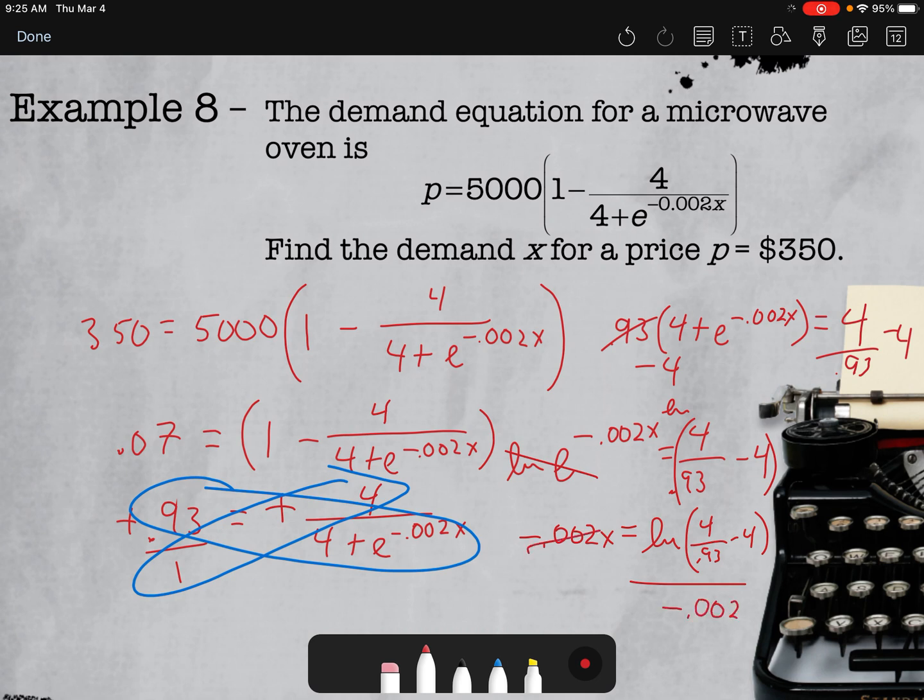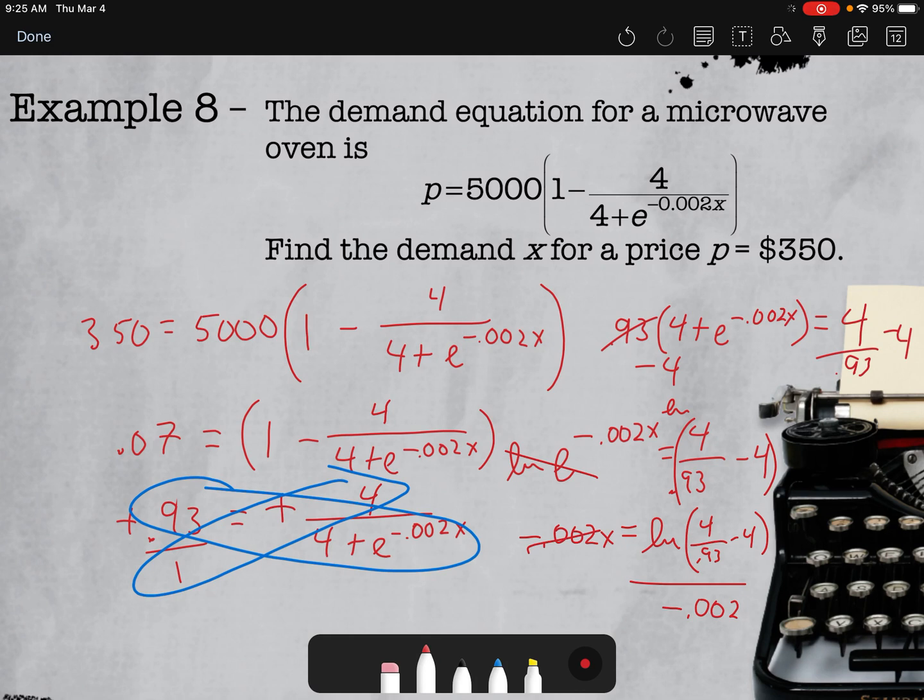And then I can divide by negative 0.002, and there's x. Oh my goodness. But it works. 4 divided by 0.93 minus 4, divided by negative 0.002.